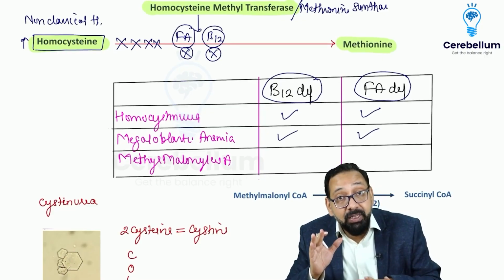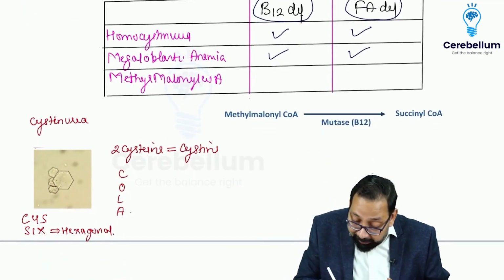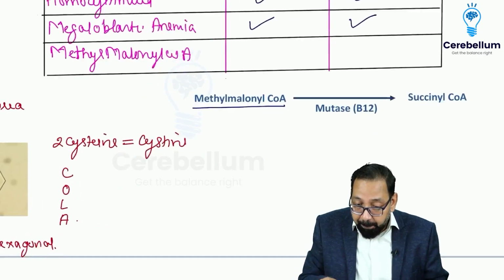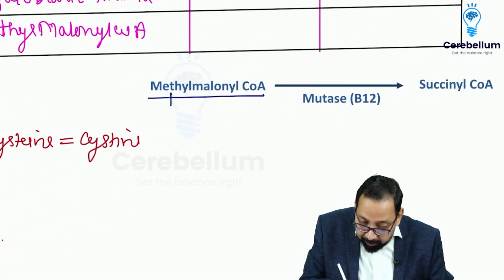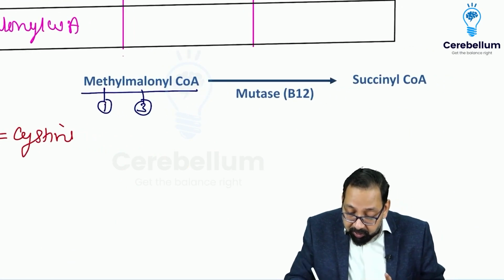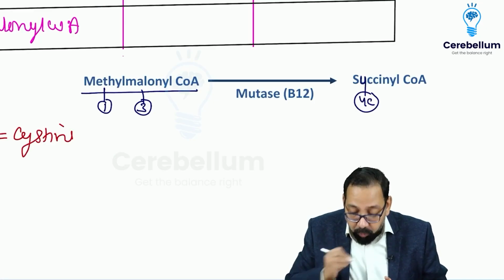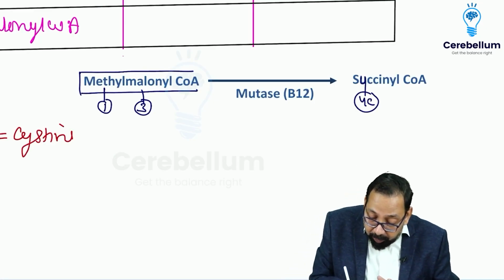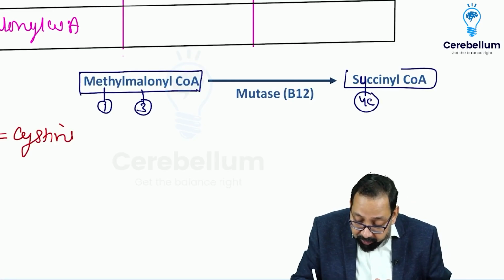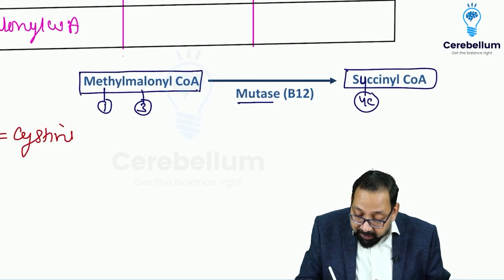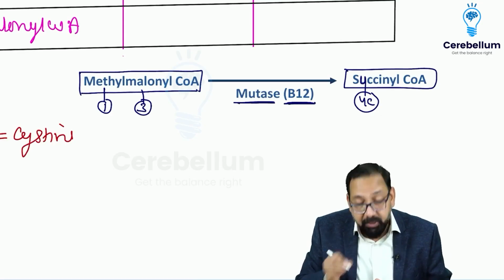Yes, we found there is a step. Methylmalonyl coenzyme A, methyl one carbon, malonyl three carbon, joins to form succinyl coenzyme A, a four carbon compound. So this methylmalonyl coenzyme A is converted to succinyl coenzyme A by the enzyme mutase, and the cofactor is B12.